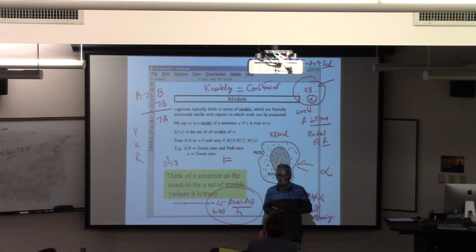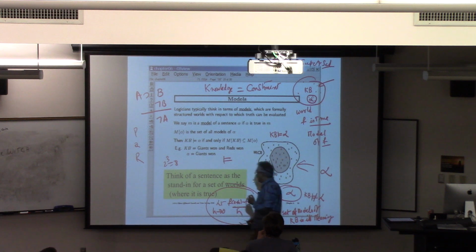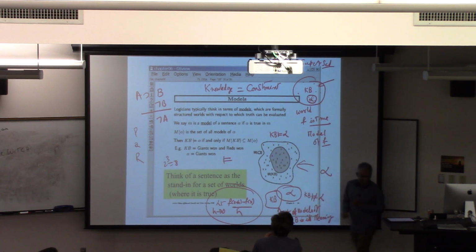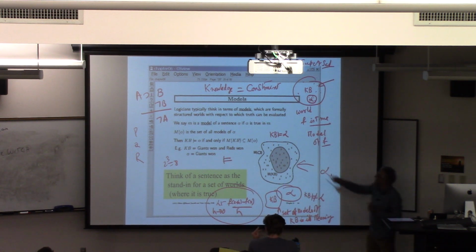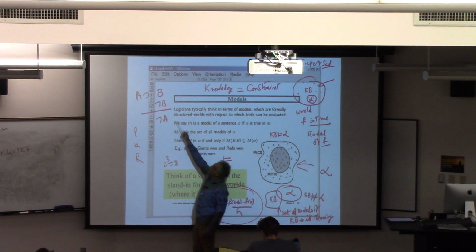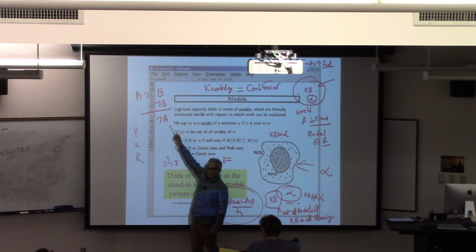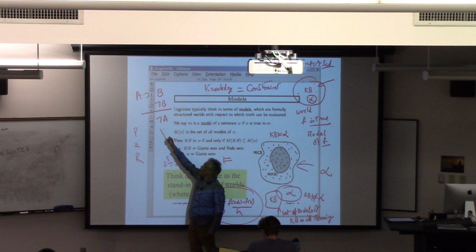How many people think this is actually a made up rule? This is a sound rule. This is correct. So A implies B, and B is not true.